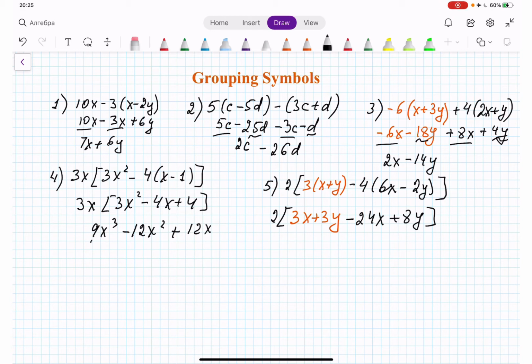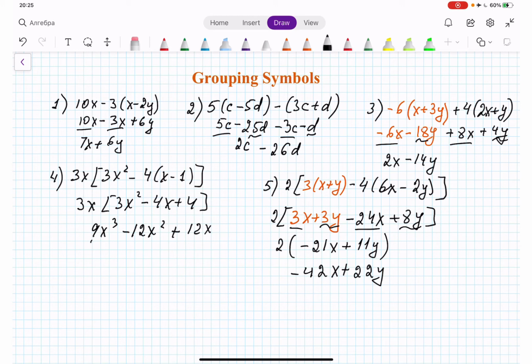So from here, I can combine like terms first and then multiply by 2. It's going to be 3x and negative 24x, which is negative 21x. And 3y plus 8y, it's going to be 11y. So if I multiply, I'm getting negative 42x plus 22y.